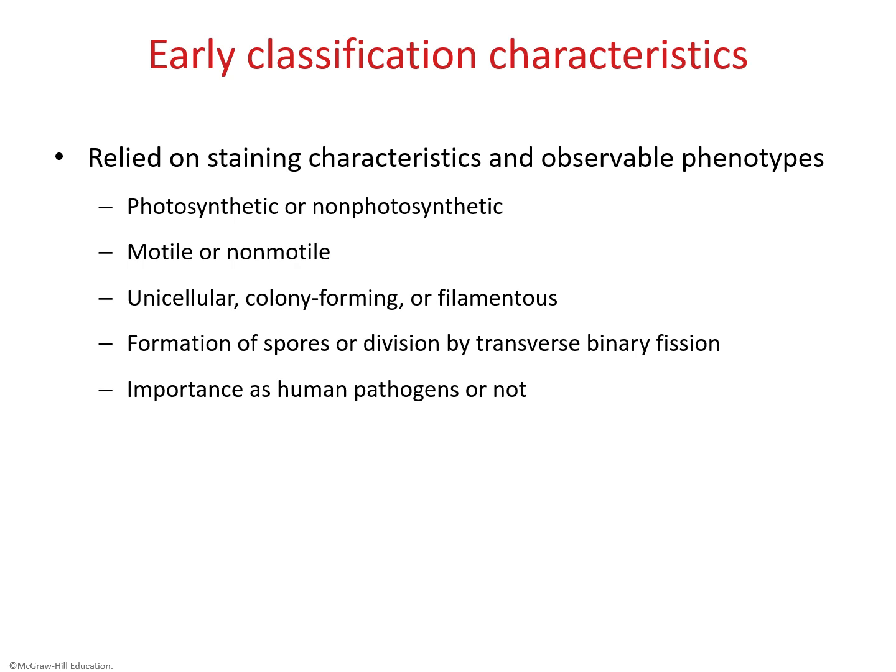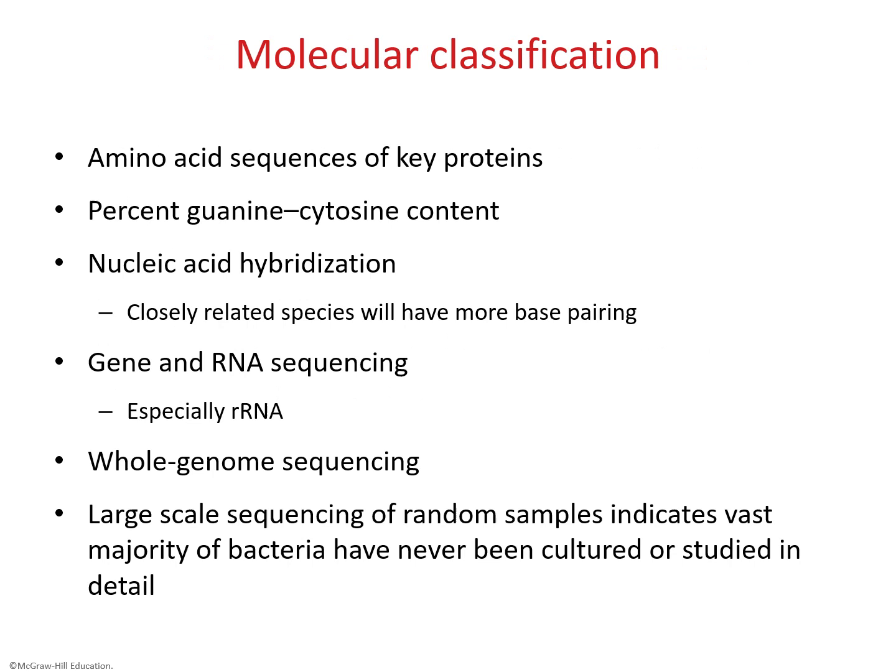But let's look at some of the molecular approaches that we actually use. Molecular approaches include looking at amino acid sequences of key proteins. This is a very good approach because protein coding genes are very conserved. If you look at amino acid sequences of key proteins, you may be able to find out relationships among these bacteria or prokaryotes that we are classifying.